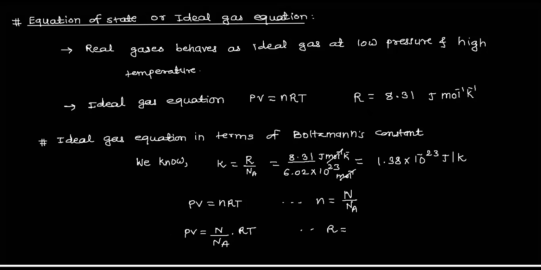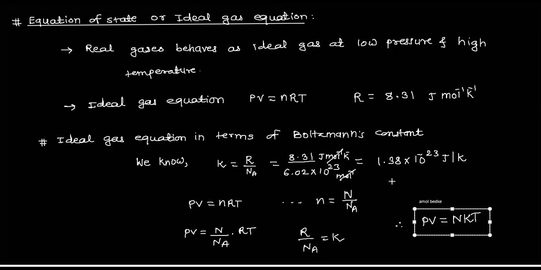So R by Na is equal to k, therefore PV is equal to NkT.